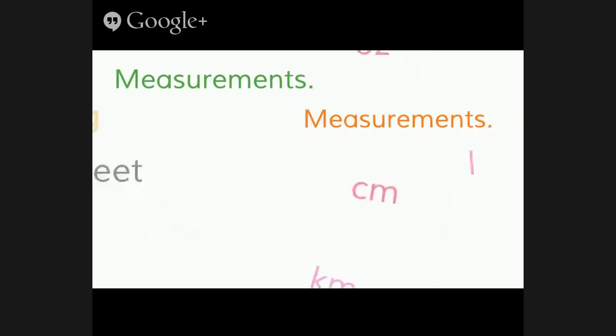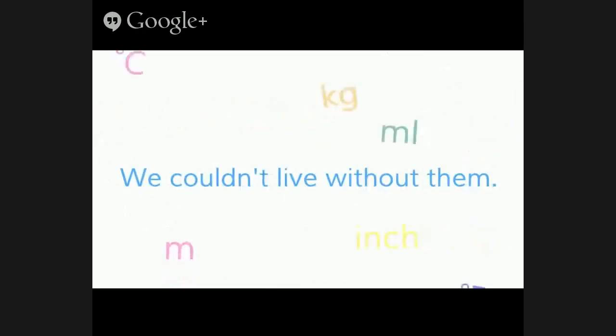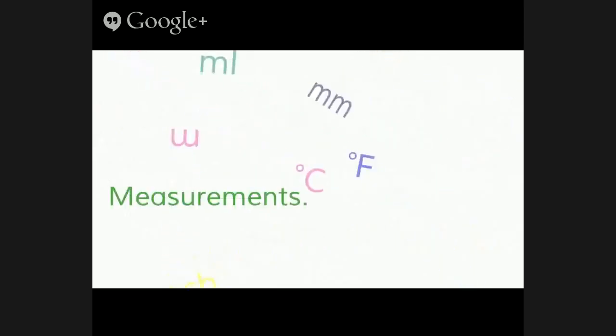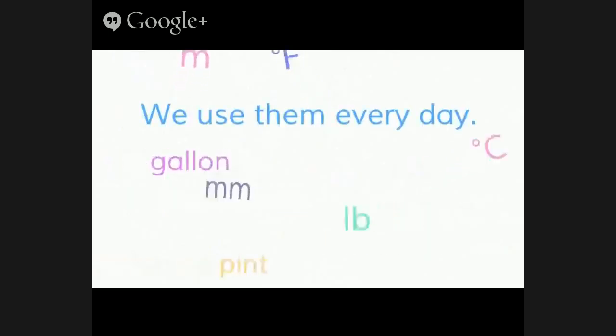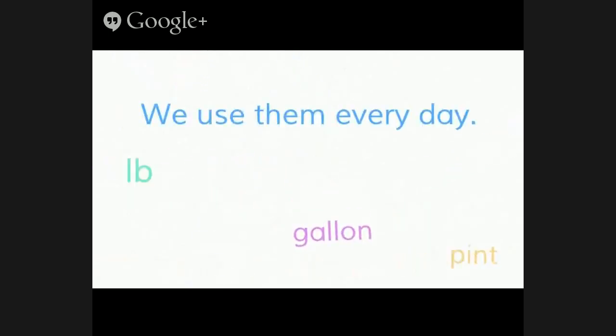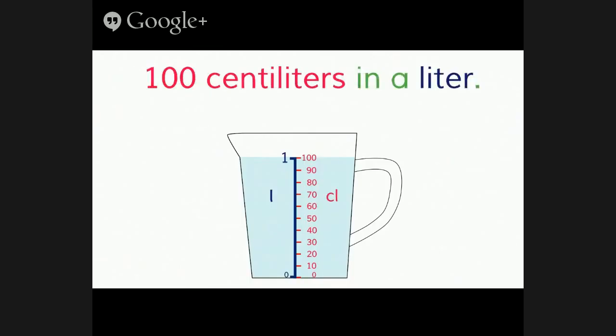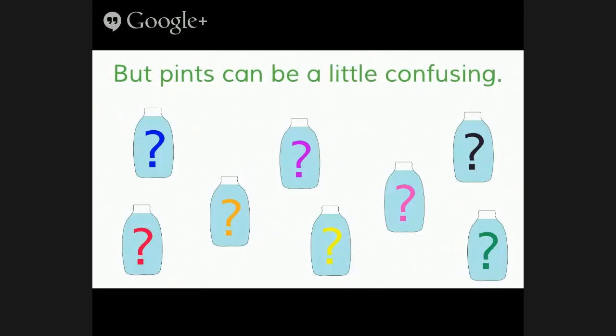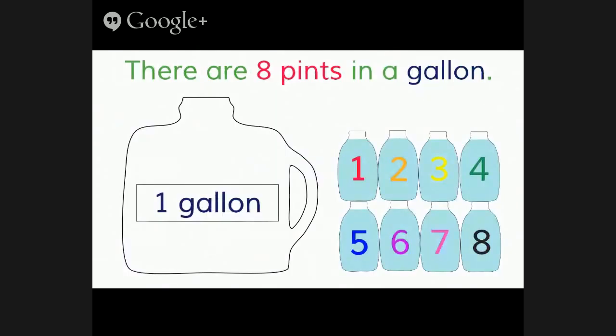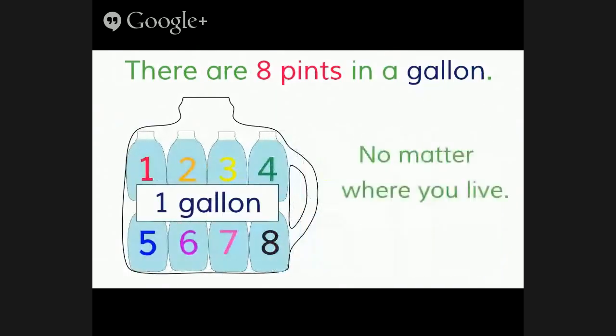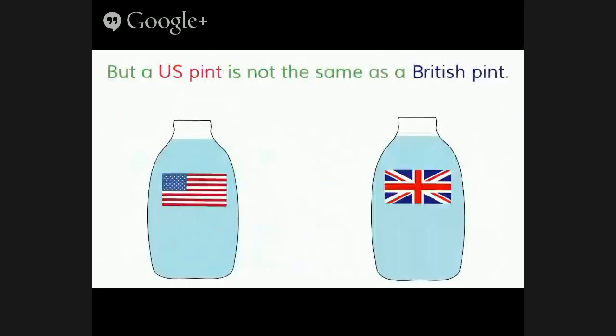Measurements, measurements, we couldn't live without them. Measurements, measurements, we use them every day. There are 1,000 milliliters in a liter, 100 centiliters in a liter. But pints can be a little confusing. There are 8 pints in a gallon, no matter where you live. But a US pint is not the same as a British pint.